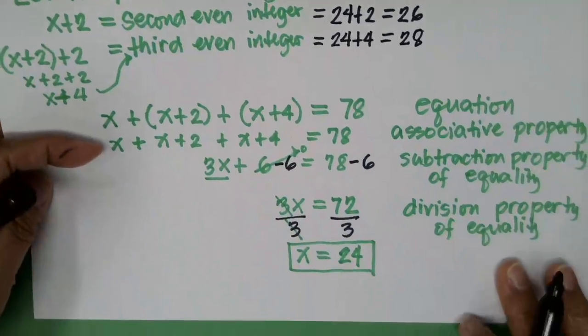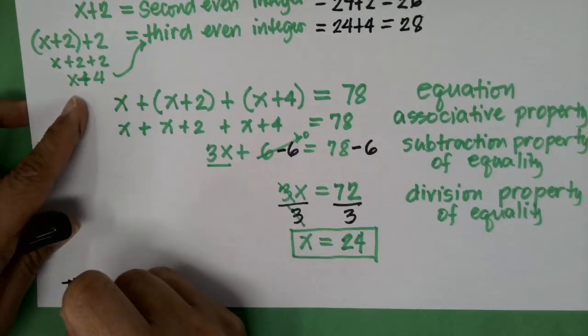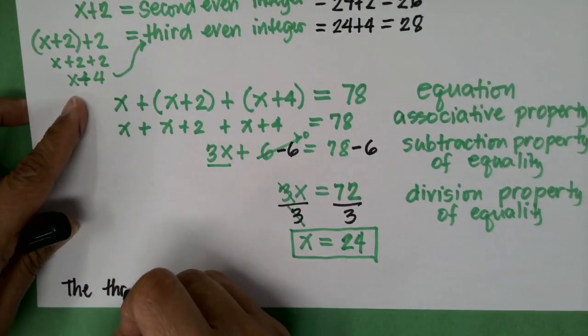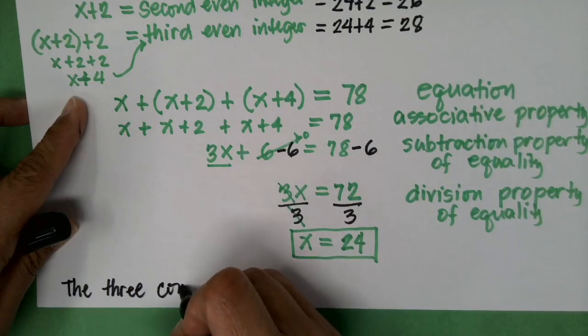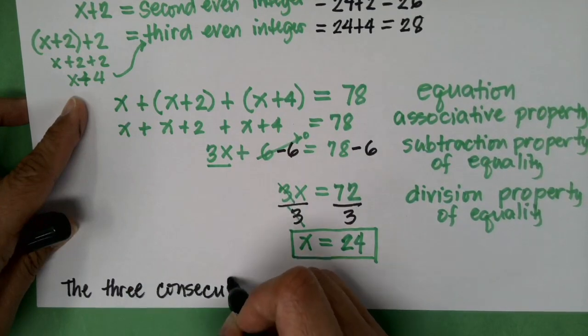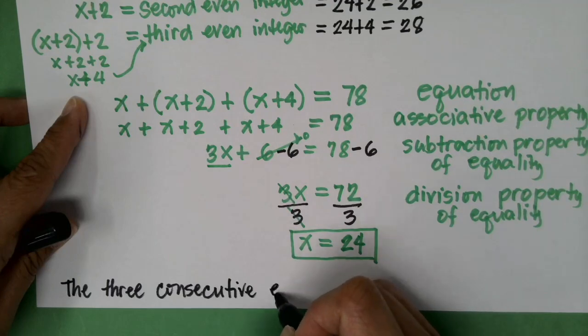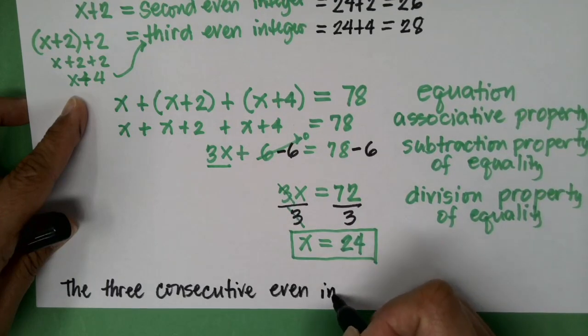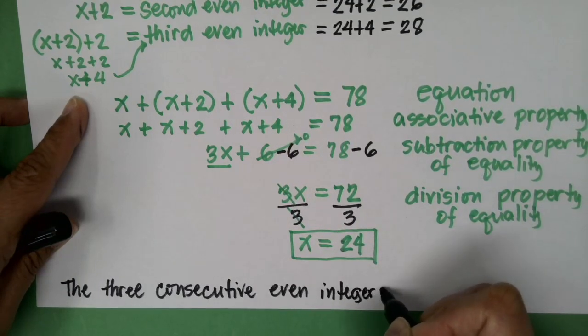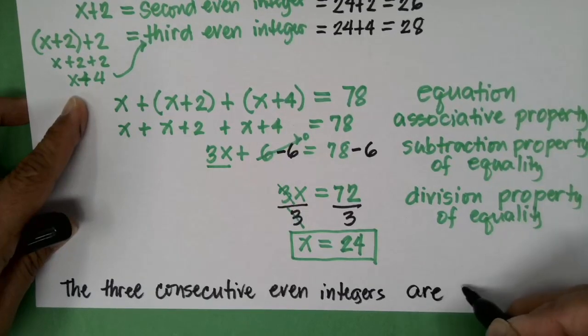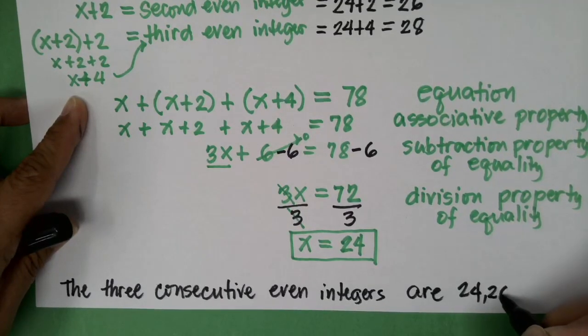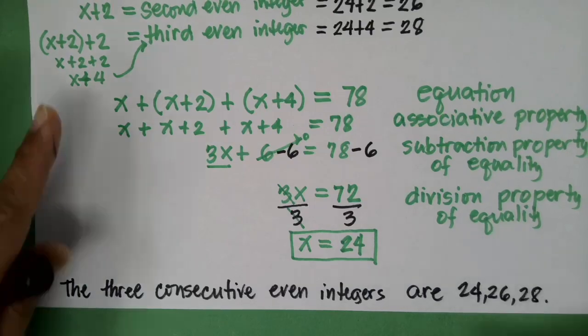Therefore, the 3 consecutive even integers are 24, 26, and 28.